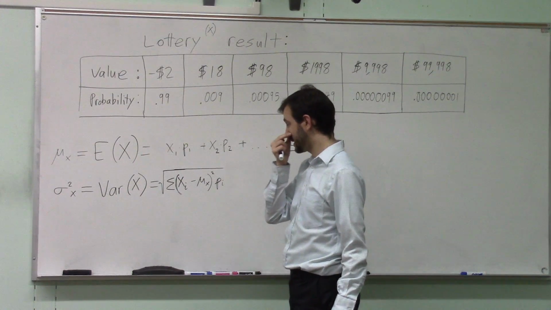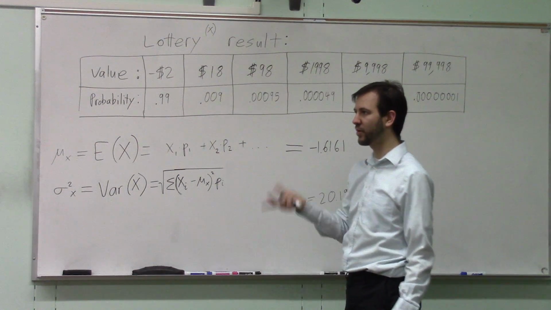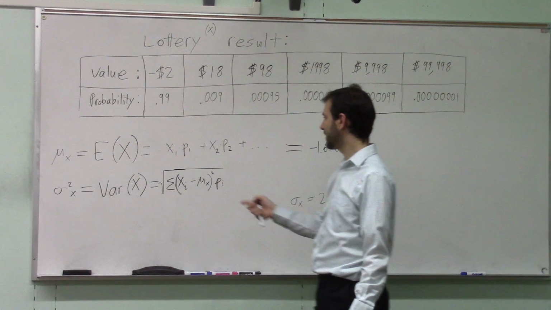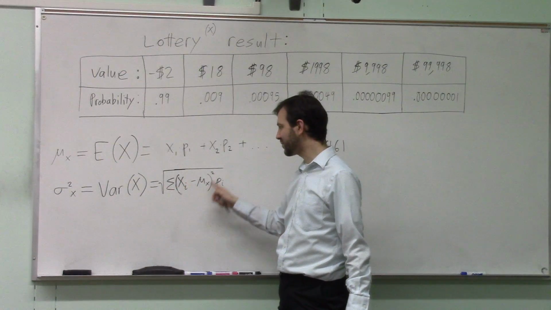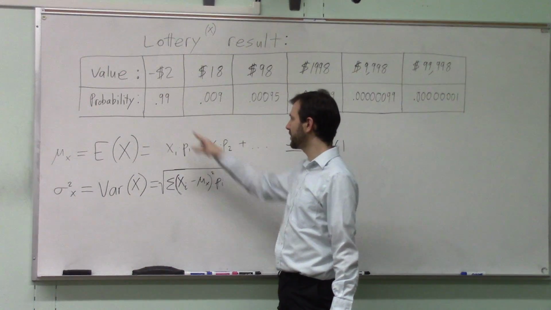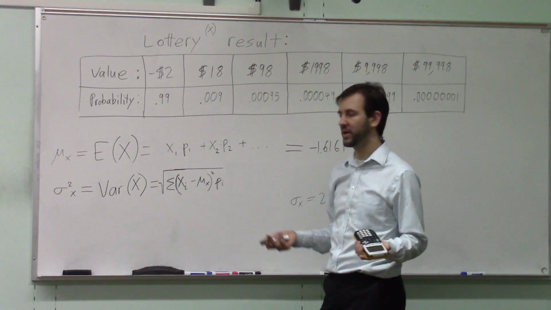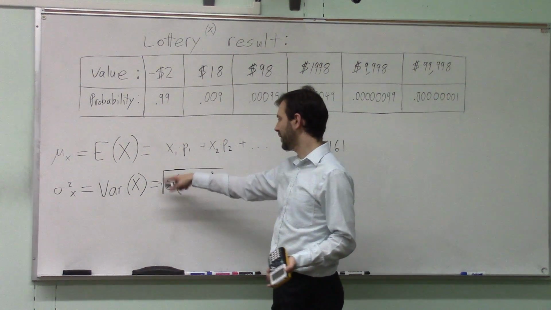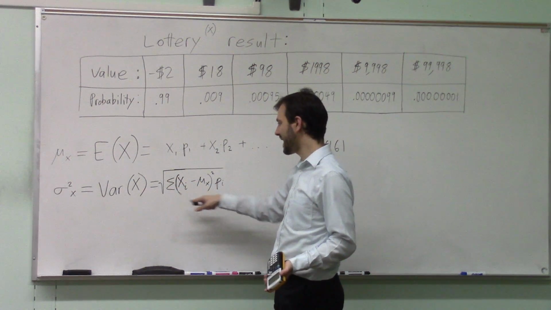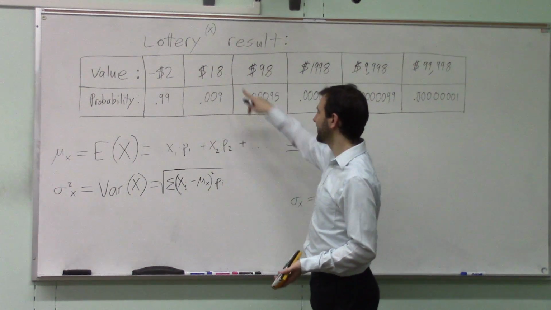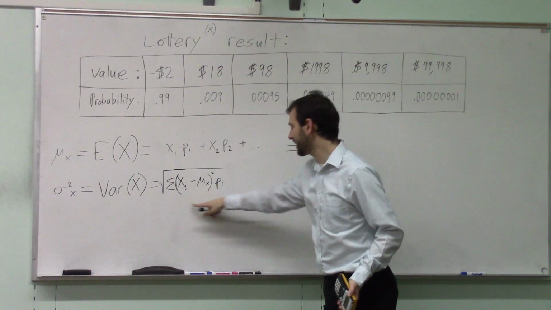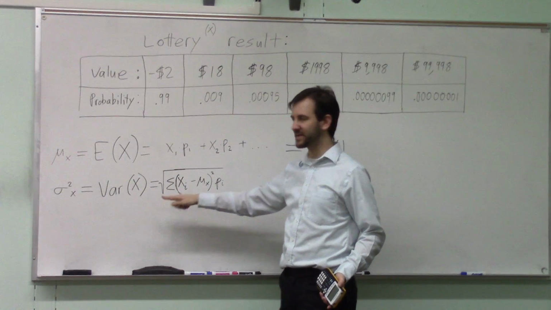Square that, so instead of basically 0.4 squared, it'll be about 0.16, times the probability, probably around 0.15 or 0.16 still, and take that, and then add the next one, redo that calculation for the second one, so you sum them all together.